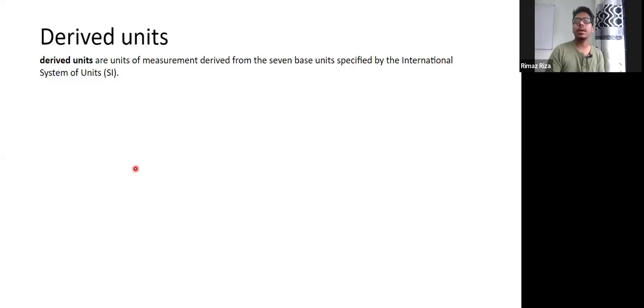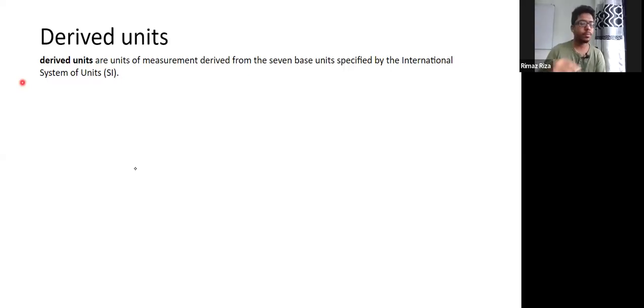Another derived unit I can think of is density, mass divided by volume. So kilogram divided by meter cubed. The symbol is kg m minus 3, and the unit name is kilogram per cubic meter.